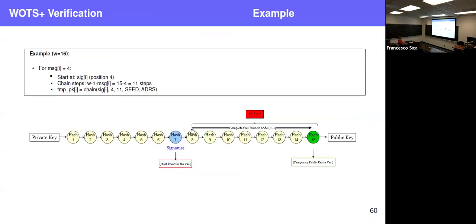Then for the verification process, we continue starting from the signature all the way to the end to get the hash value. I will explain the verification process later. We will compare this hash value, this public key, with the main public key root given by the standard.